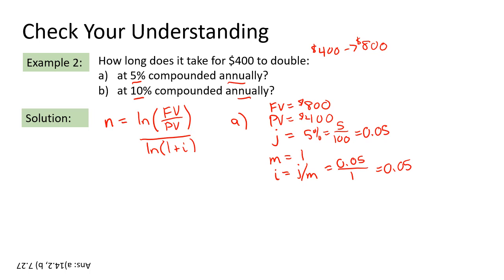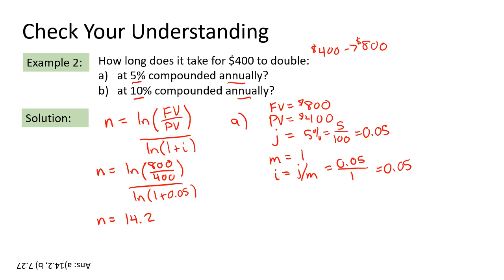So that's for part A. So we can substitute those values in. N is equal to the ln of 800 divided by 400 divided by the ln of 1 plus 0.05. And if we calculate that out, we get a value of n of 14.2.